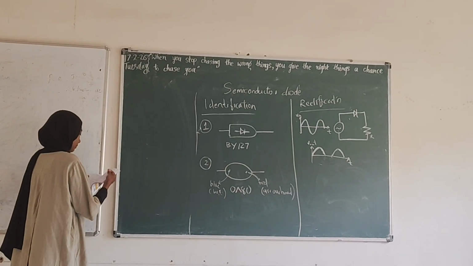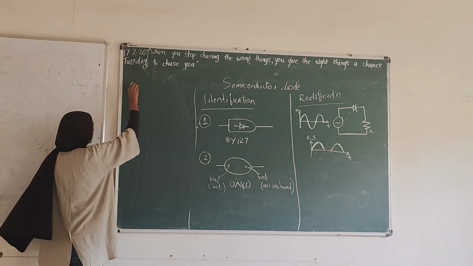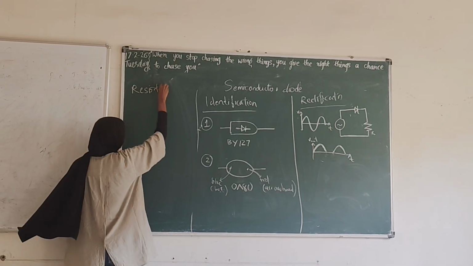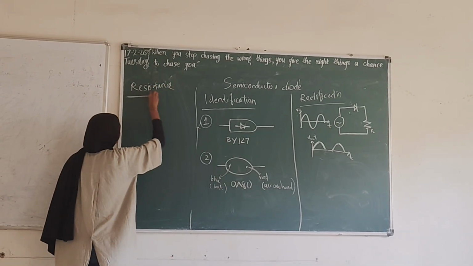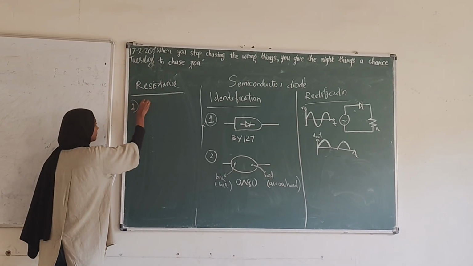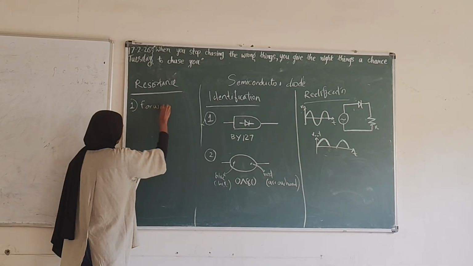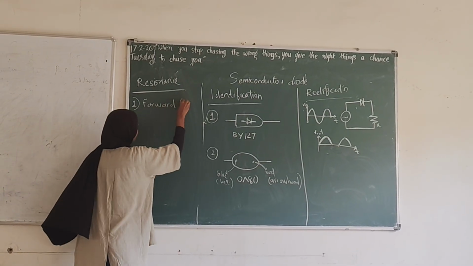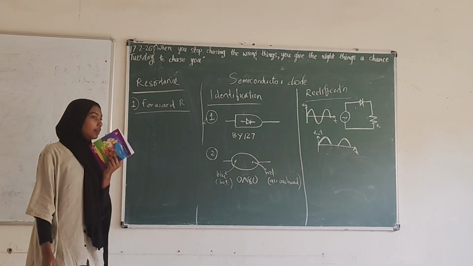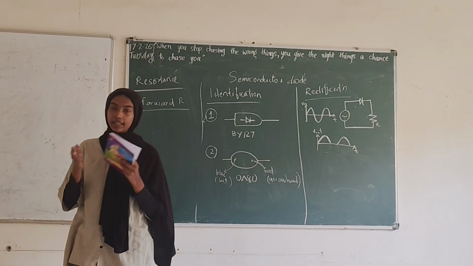So we can classify the resistance into two types for semiconductor. The first one is forward resistance and the second one is reverse resistance. In forward resistance itself, the resistance is not the same for AC and DC.